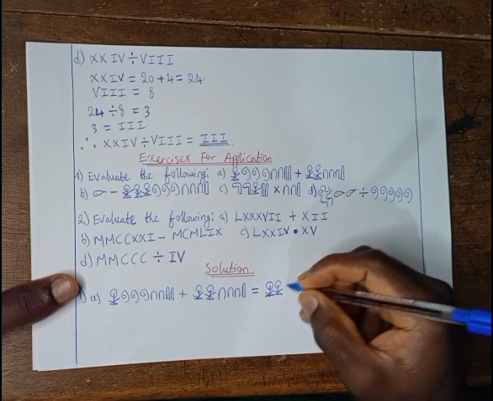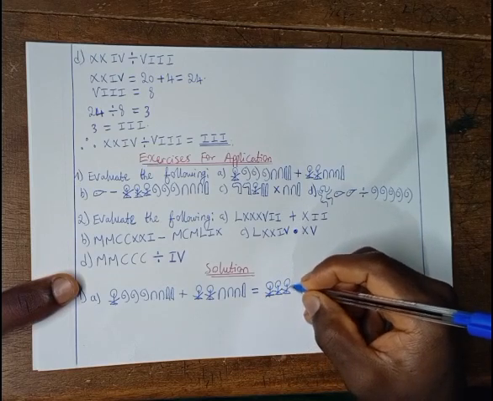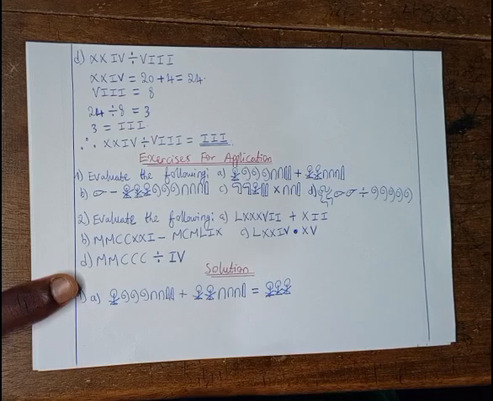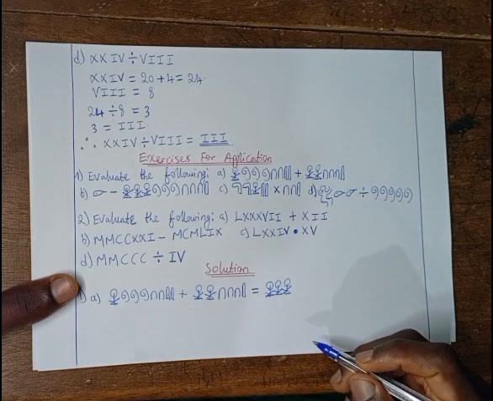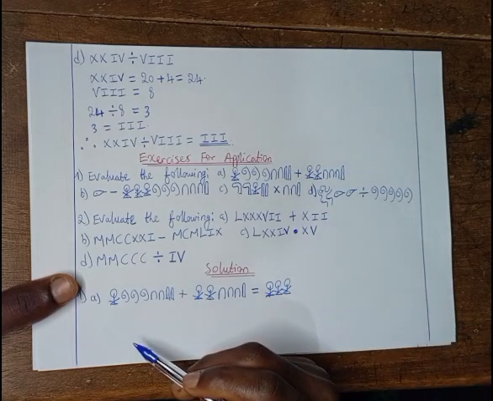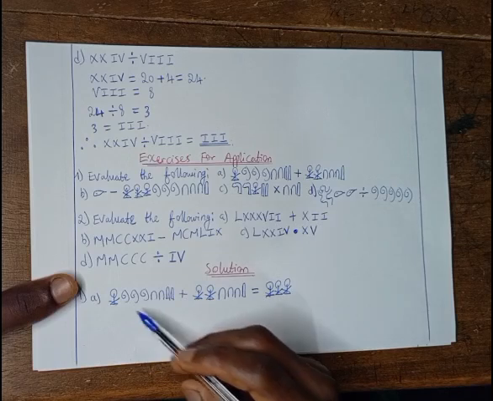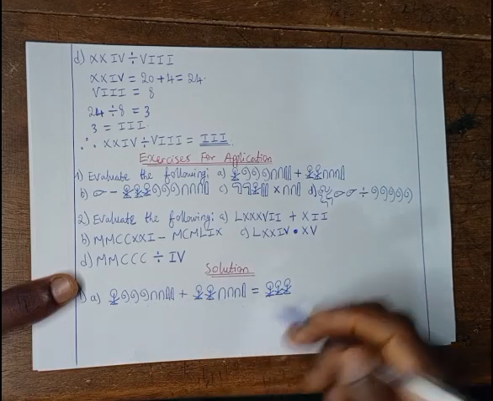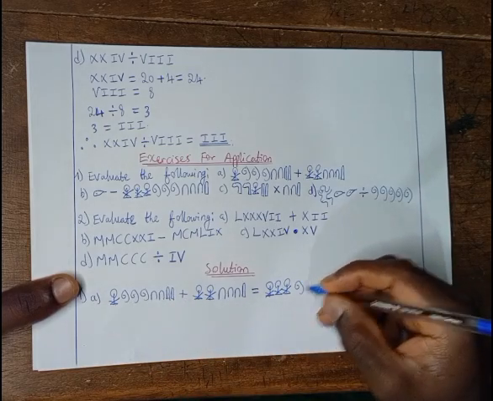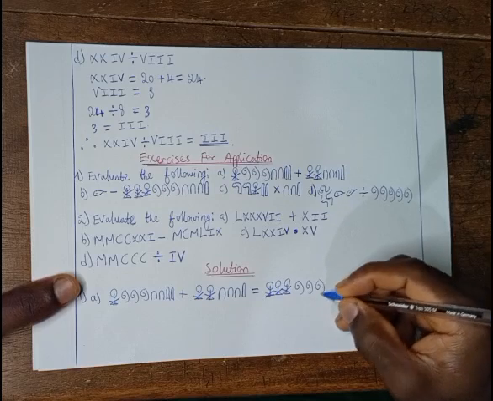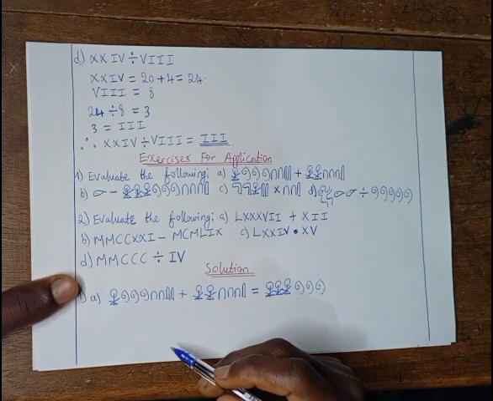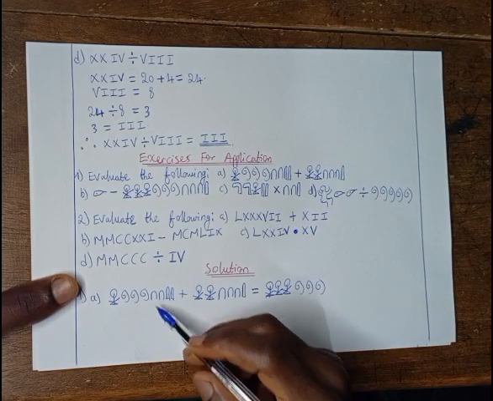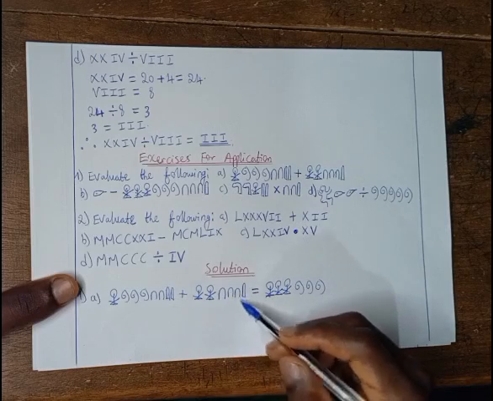The next symbol which has the highest value is the spiral. We are going to count the number of spirals in the two numbers. We have 1, 2, 3. So I'll write down 3 spirals. Next, the hell bone. We count the number of hell bones in the two numbers: 1, 2, 3, 4, 5.